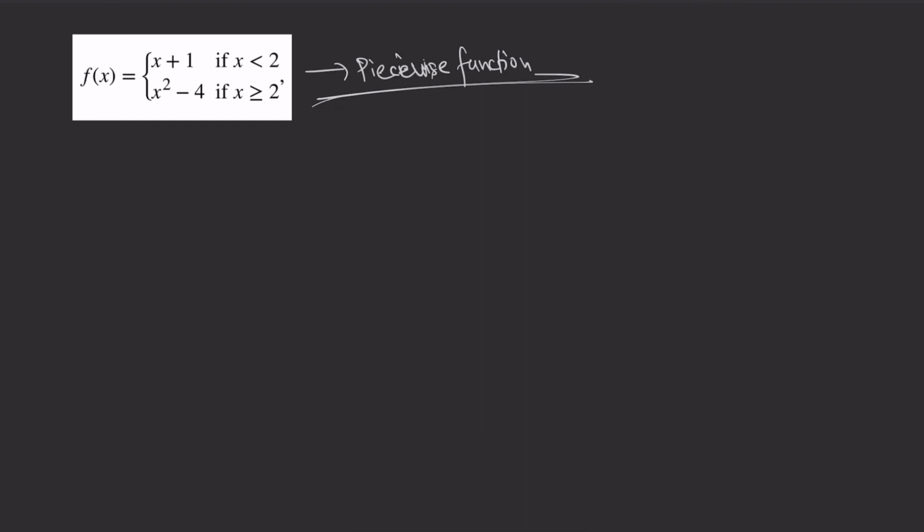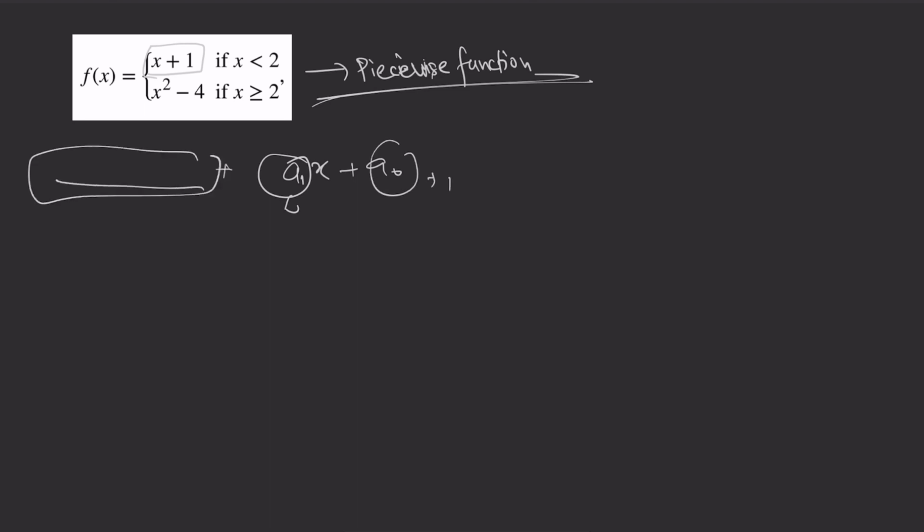Now if x is less than 2, this is a polynomial, x plus 1. As you can see, this is of the type a1 x plus a0. Here a1 is 1 and a0 is also 1, and all the other an are zeros. So this is a polynomial, and x square minus 4 is also a polynomial.